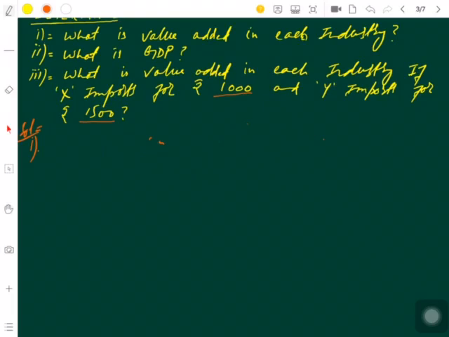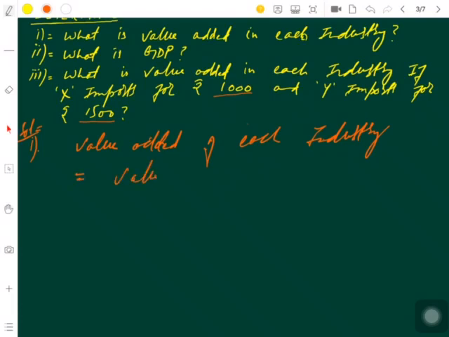The value added of each industry, as from the question itself, is equal to value of output minus cost price. What is cost price? Exactly, one more name for intermediate consumption.